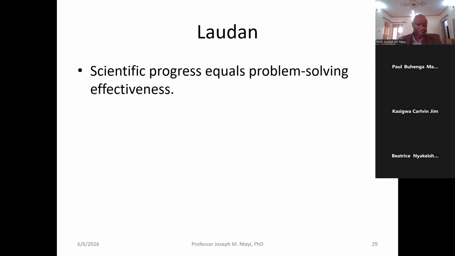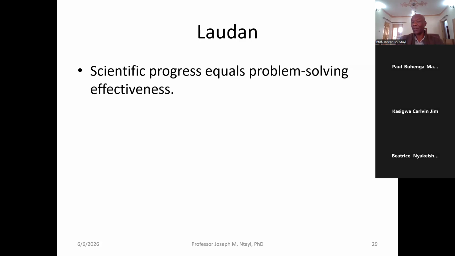So, in other words, according to Larry Laudan, scientific progress equals problem-solving effectiveness. So he proposed a problem-solving model of scientific progress. He began by criticizing those who treated knowledge as absolute truth, or approximation of truth, or approximation of falsification from Karl Popper's perspective. In other words, he dismissed Karl Popper.